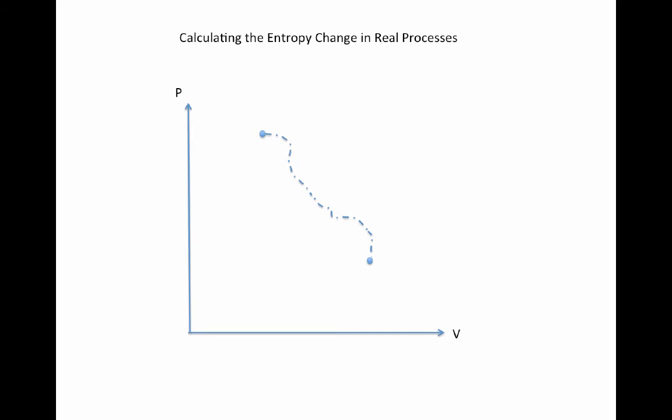So for example, to get from this bottom state here to the top state here, we might travel up an adiabatic path and then move along an isobaric path, in which case the change in entropy for this real world process is just equal to the change in entropy along the adiabatic route, which is 0, plus the change in entropy along the isobaric route, which again we can compute using the equations that we've just derived.